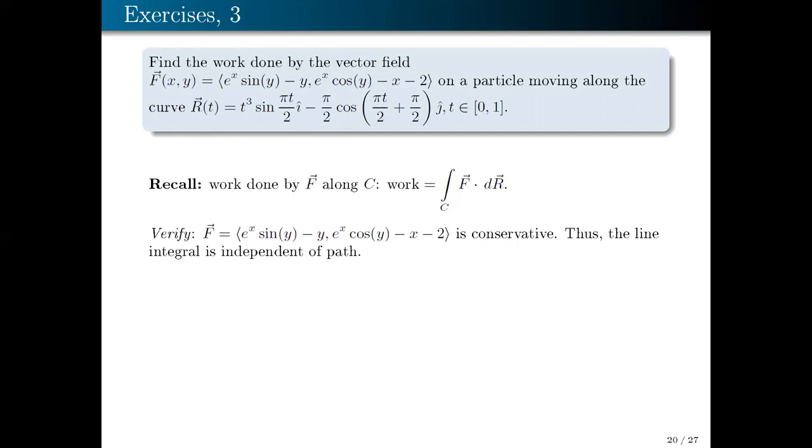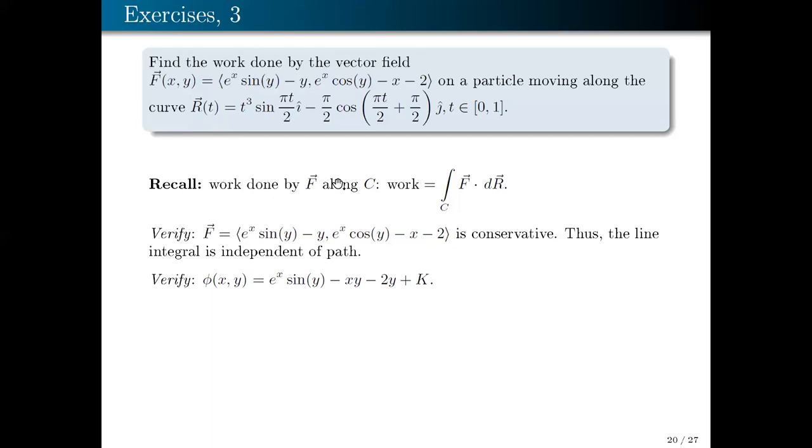For this one, we will be using a potential function. Okay. Please verify, this is the potential function. So now, we note that we have to plug in here the terminal point of r and the initial point of r.